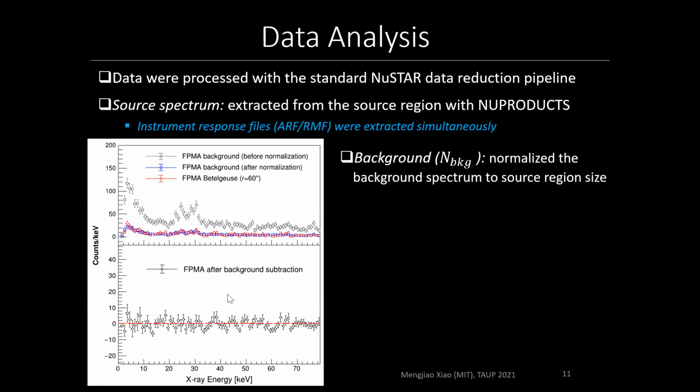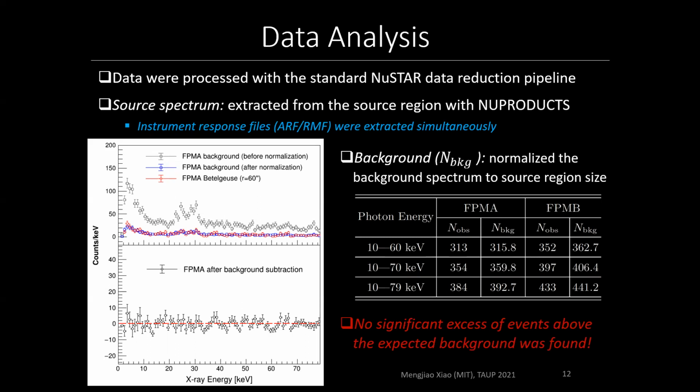The residual spectrum after the background subtraction is on the bottom. The event counts fluctuate around 0 within the statistical uncertainty. This table summarizes the event counts for the observation and the expected background. No excess above the background was found.